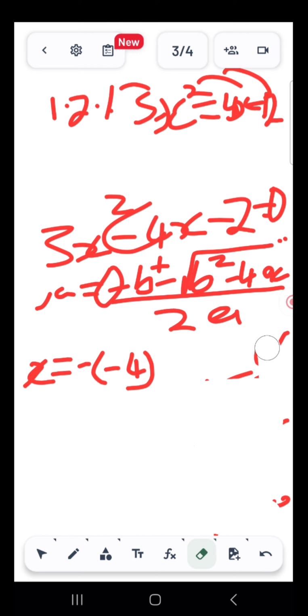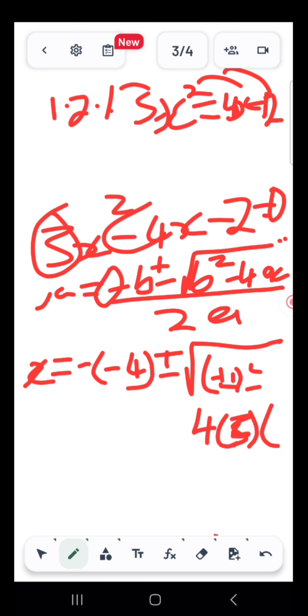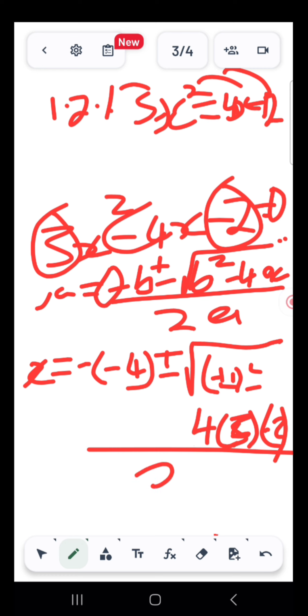So when it is a minus with a minus number, and then you say plus or minus under a square root, b is minus 4 squared, minus 4 times our a, which is 3, and then our c, which is negative 2, all over 2a, which is 2 times a, which is 3.